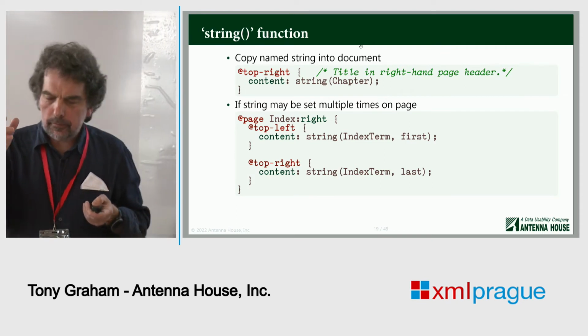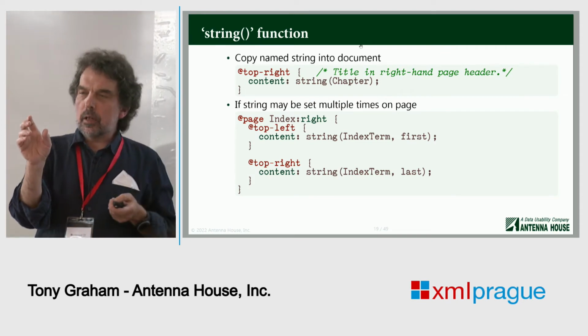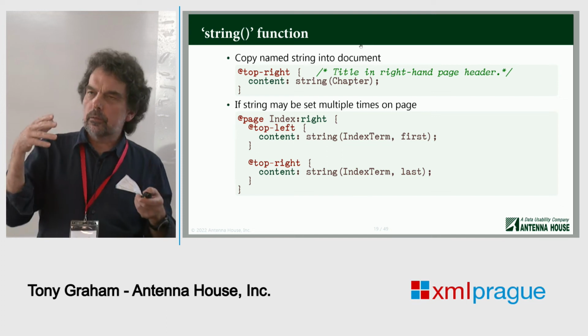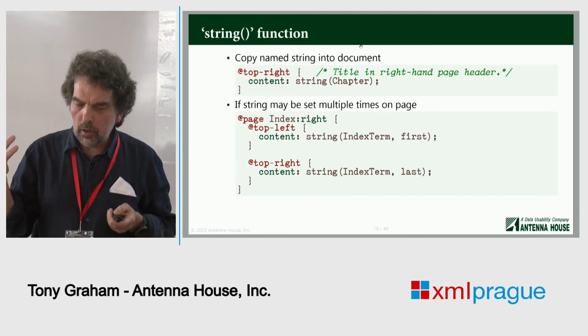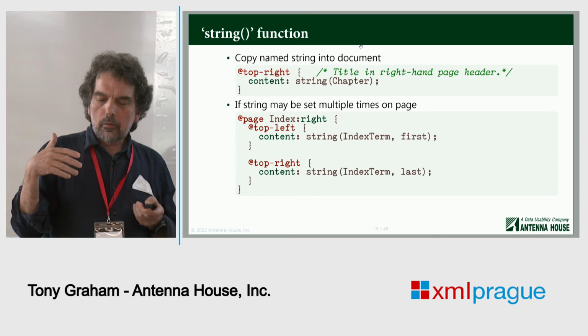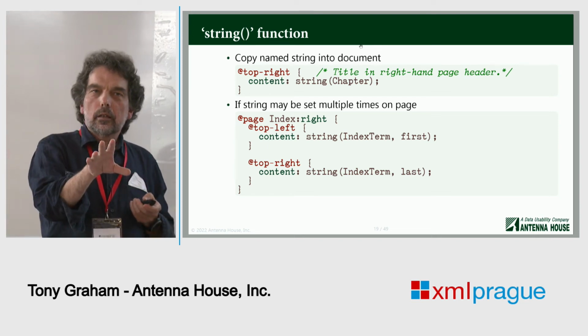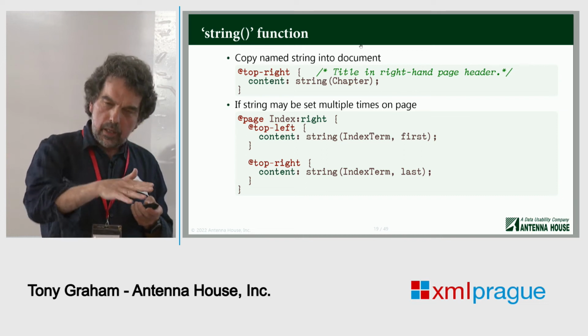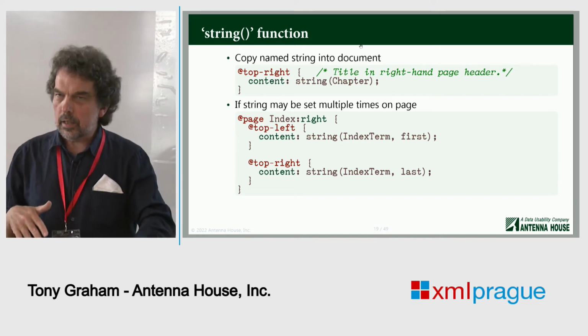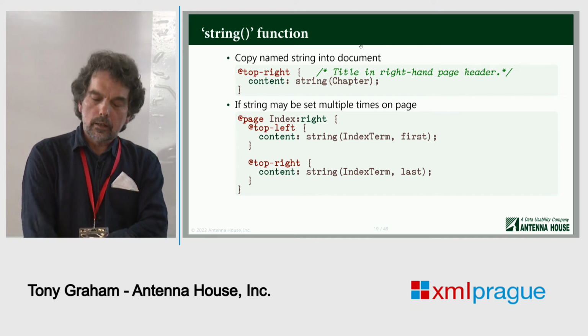The string function, if you just provide the name, gets you the current value of the named string. You can qualify this with first or last, because it can happen that the elements that appear on the page each set the string value separately.